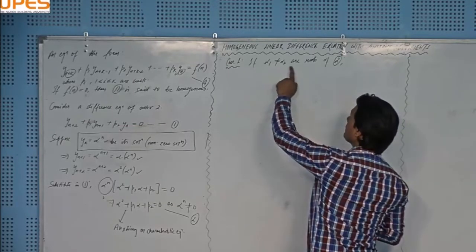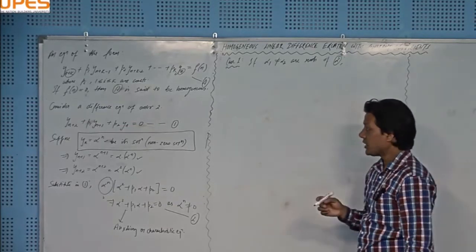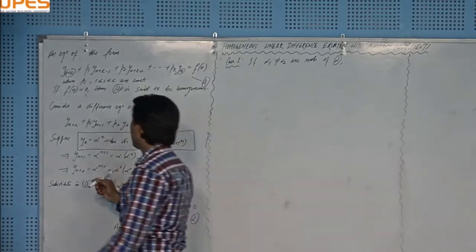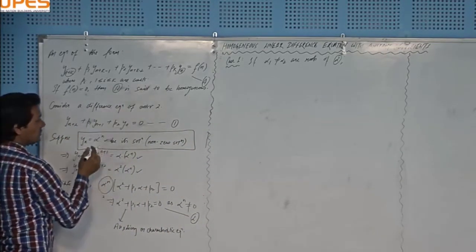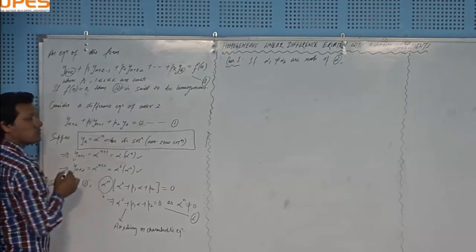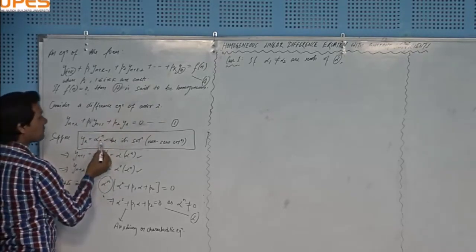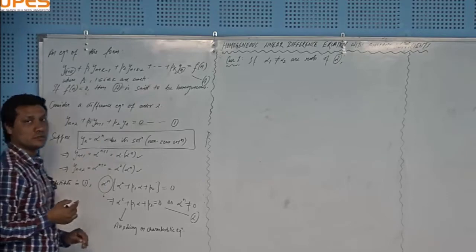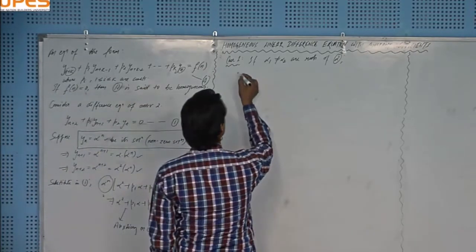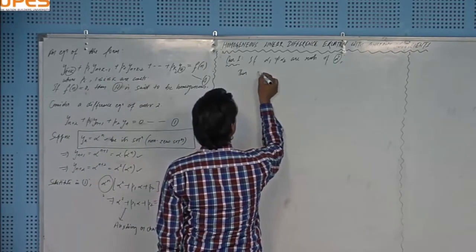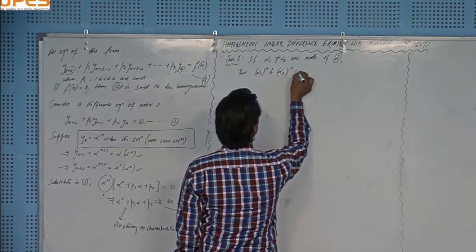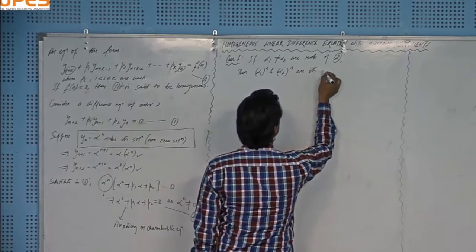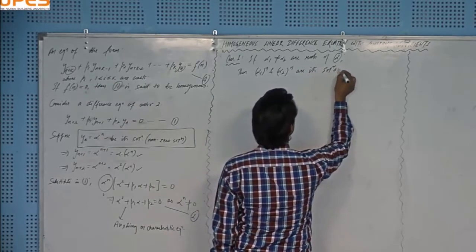If these are the roots of this equation, then since you claim that this is the solution, alpha 1 to the power n is the first solution, and alpha 2 to the power n is another solution, right? Then alpha 1 to the power n and alpha 2 to the power n are its solutions, right?